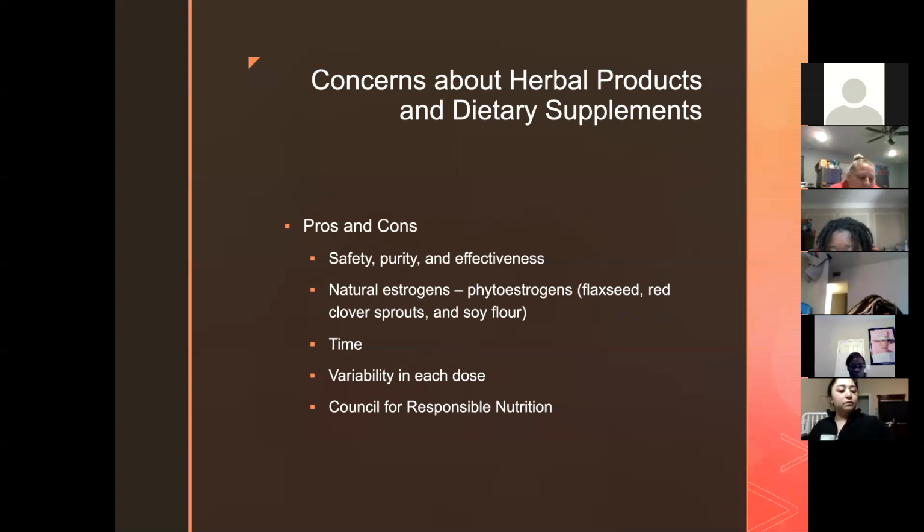So a lot of ladies, especially when they're going through the change, will look for these, something to help with the side effects of menopause. I've heard great things about black cohosh, but it's got a lot of side effects as well, and it can't be taken with a lot of medications. So as long as you're doing your research and you tell your patient to do their research as well, discuss with their physician what they're taking.